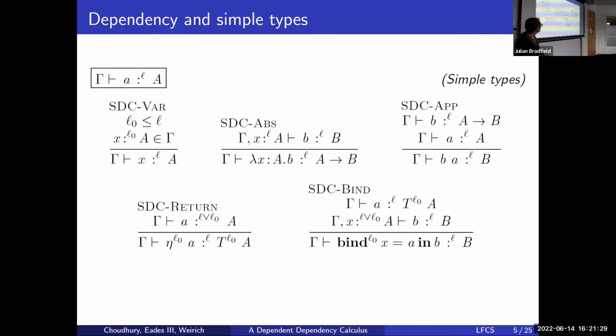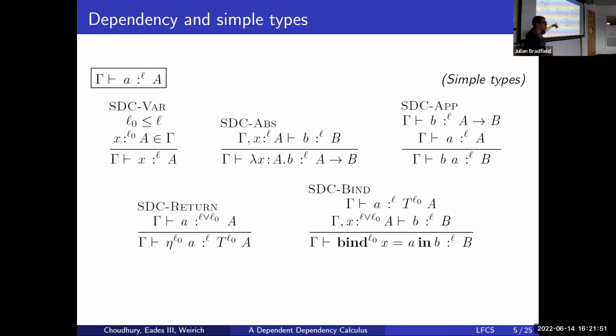So here are the 2 rules that talk about that graded modal type. If we have a term that's type checked, starting at L, and say we want to go up to some other level, L naught, we'll join it to make sure that we're always going up.